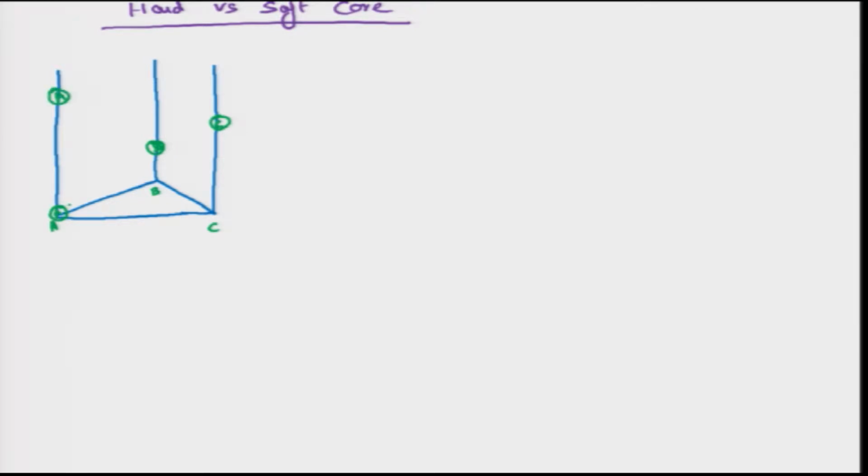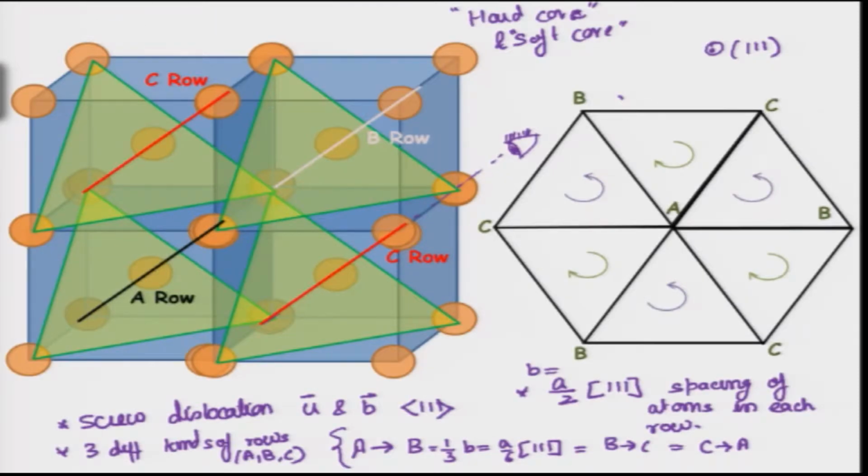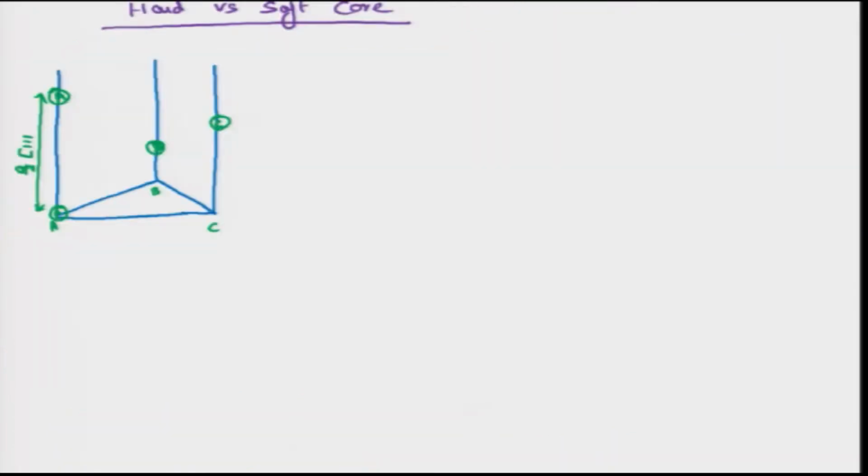So, this was also A, and like I said from the previous slide, what should be this distance? This is equal to the Burgers vector, which is equal to a by 2 1 1 1. This is what we talked about. This Burgers vector should be equal to a by 2 1 1 1, the spacing of atoms in each row.